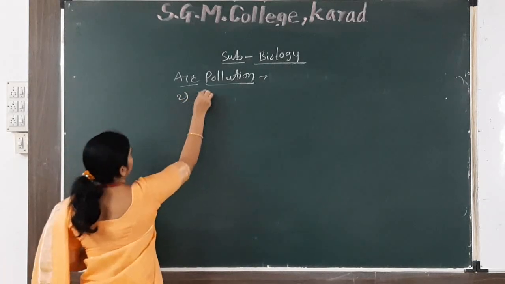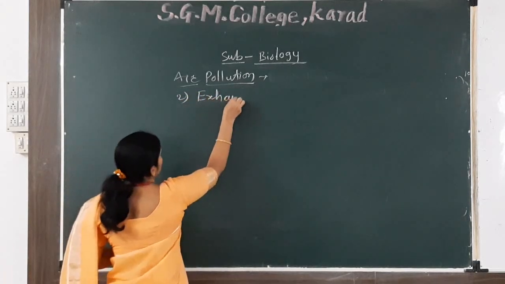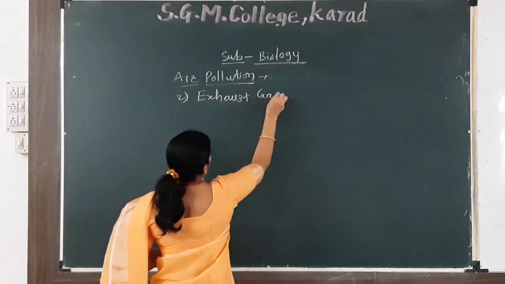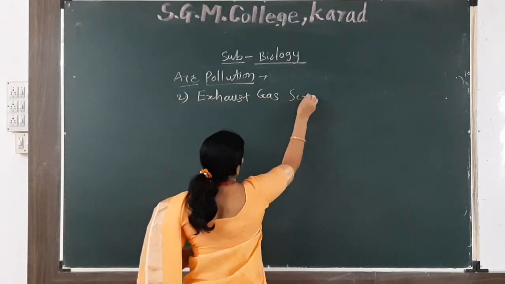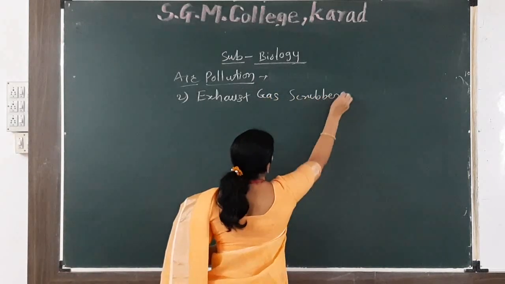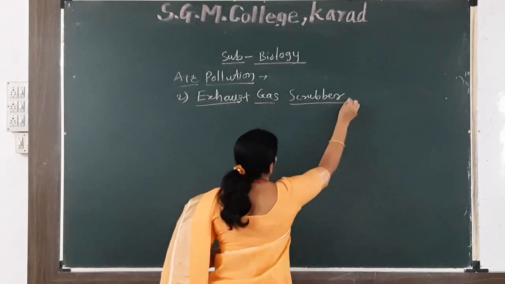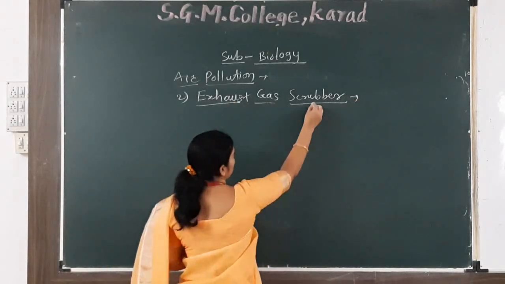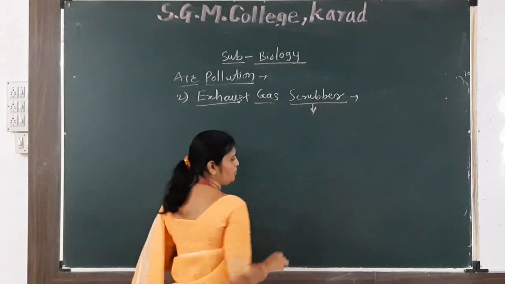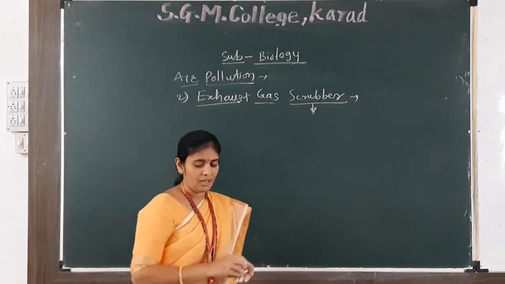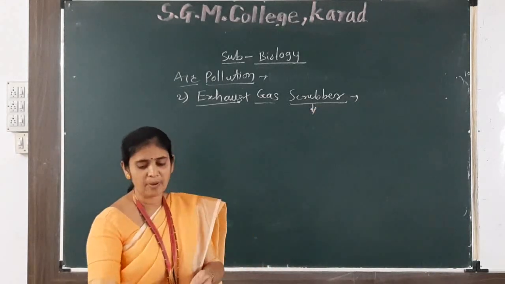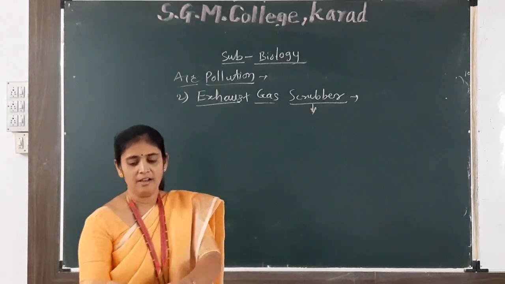Second method, exhaust gas scrubber. Here scrubber is the main word, which is used for removing the gaseous particles present in air.